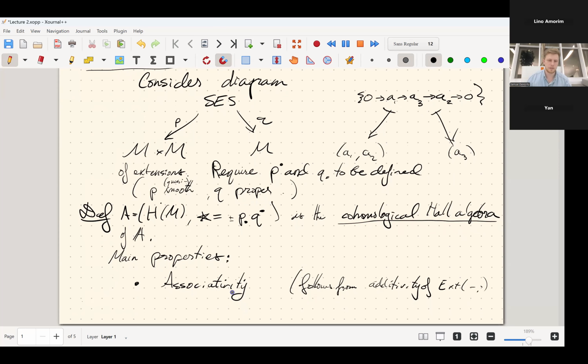We can use Poincare duality to define a push forward, and the algebra A, which is the cohomology of the space with a product defined by P pullback, Q push forward, is called the cohomological Hall algebra of A.